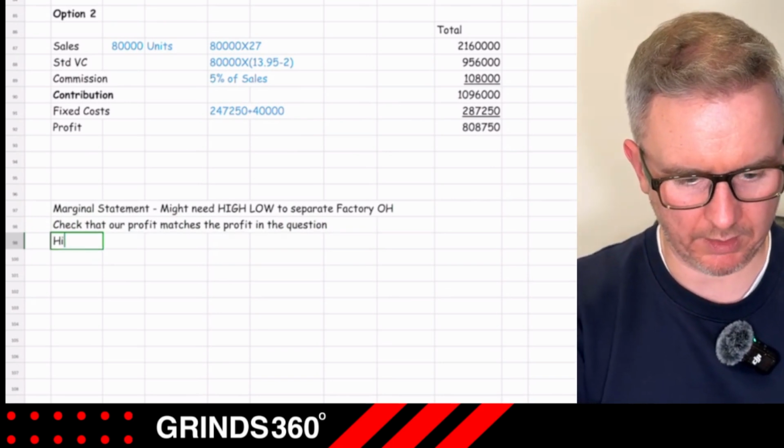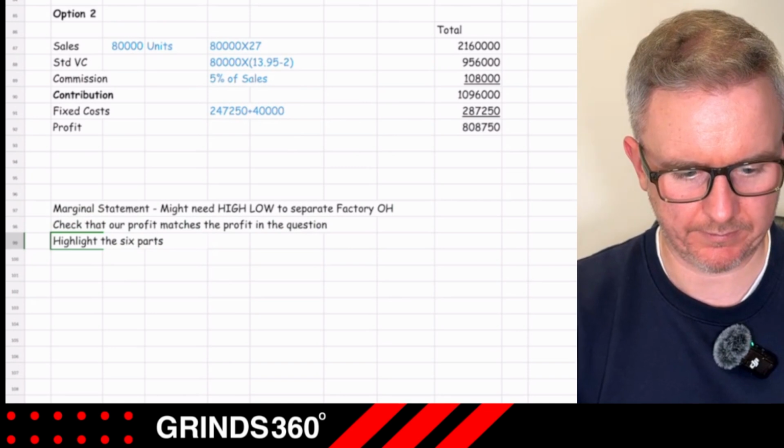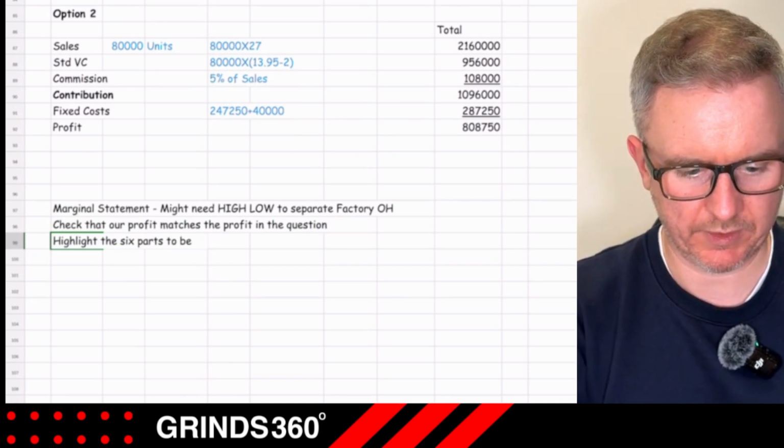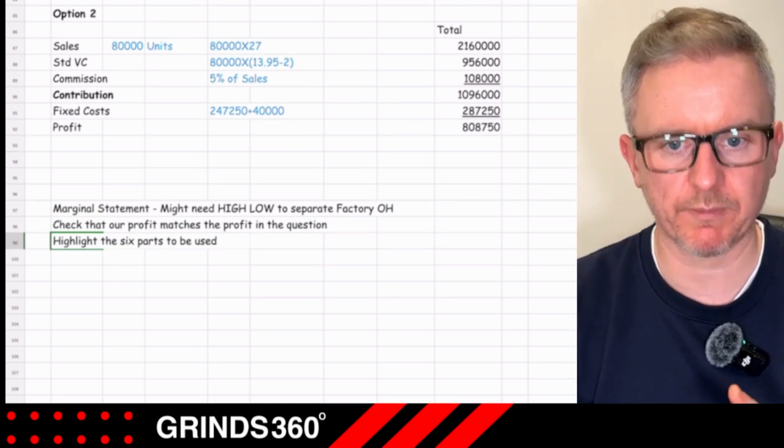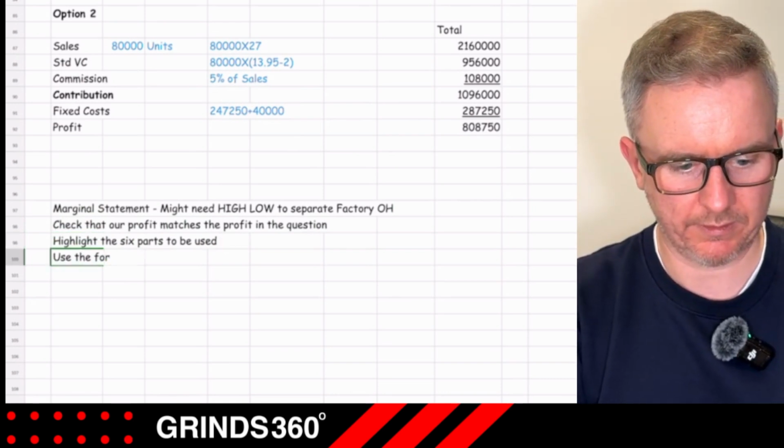And then highlight the 6 parts to be used. Really important. Makes your life a lot easier in the long run. And then use the format given.